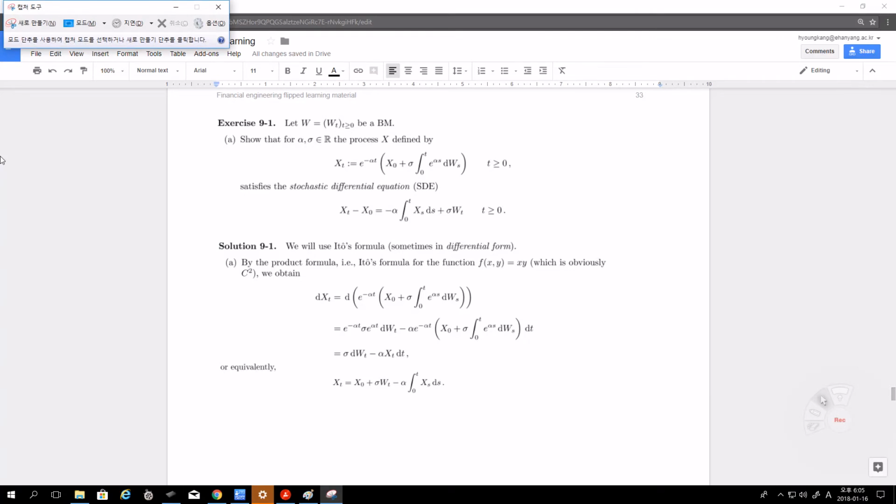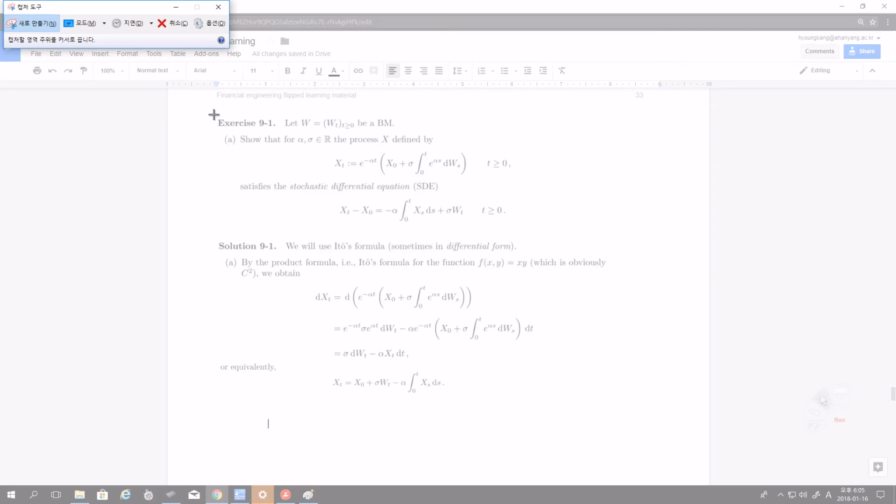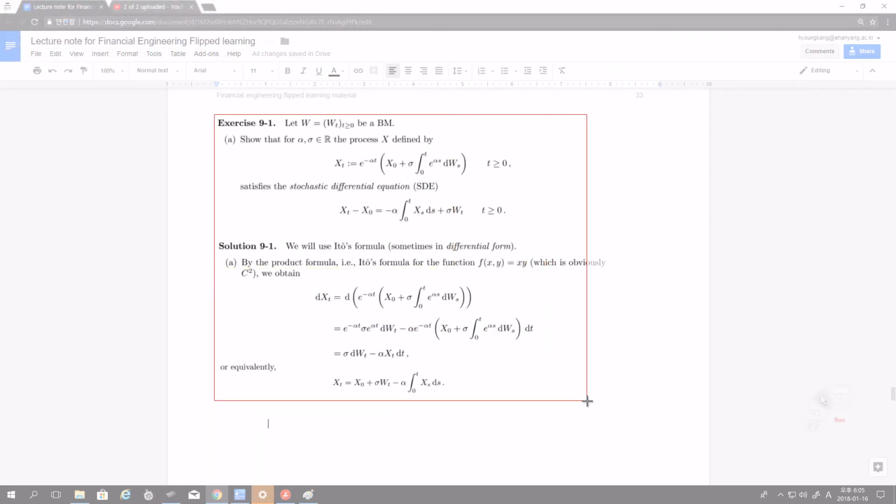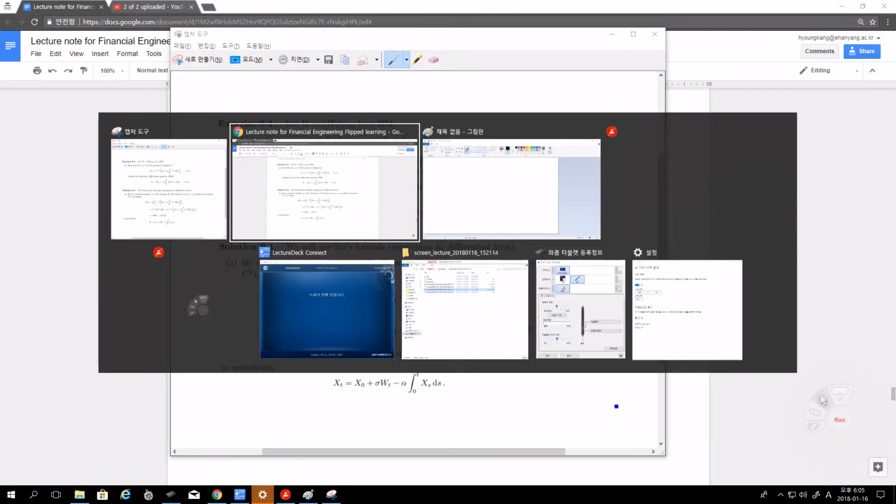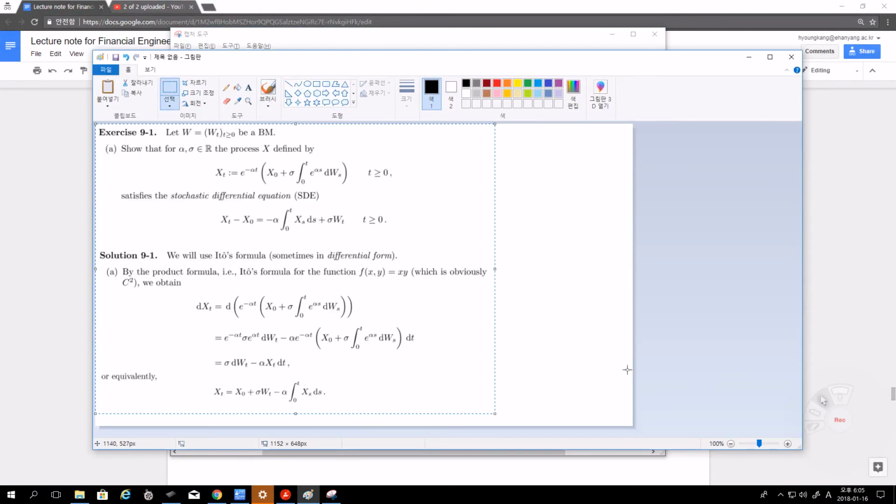Capture. So let me capture this one and explain one by one. Capture this one. And here, let me explain.